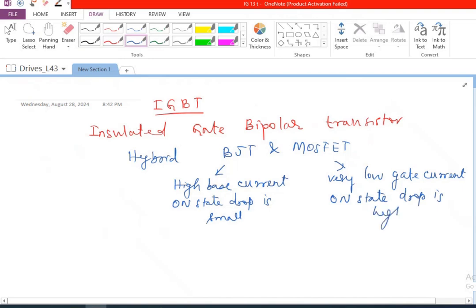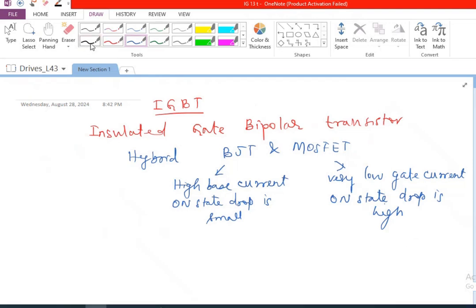So if we want to combine these two, we should be able to turn on the device at very low gate current, but simultaneously, we should also see that during on time, the drop is not very high.